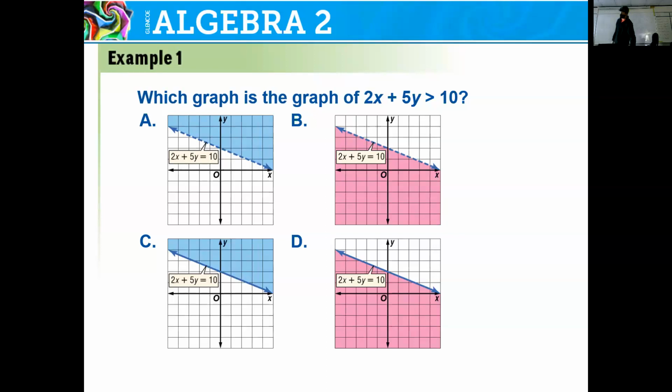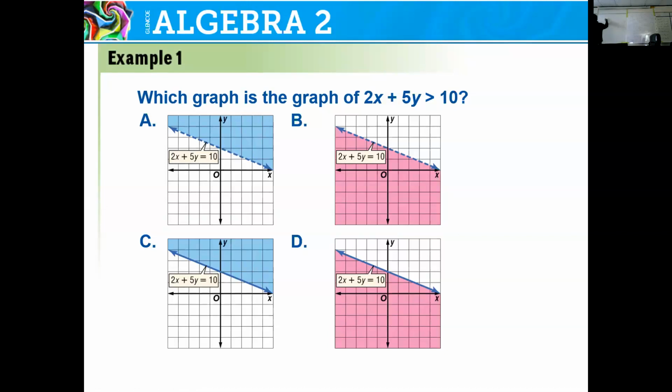Process of elimination, if I'm able to do that correctly, chances of me getting it right go sky high. Looking at it, I can eliminate C and D because we have a greater than symbol and they have solid lines. We would only have solid lines if it's greater than or equal to, never if it's just greater than.